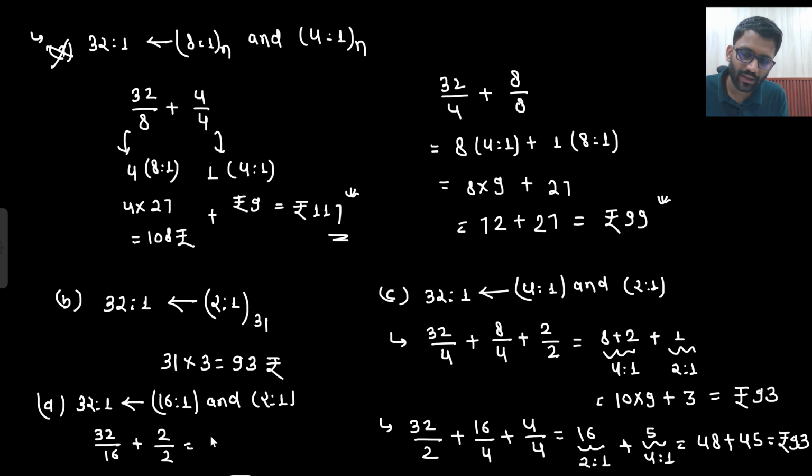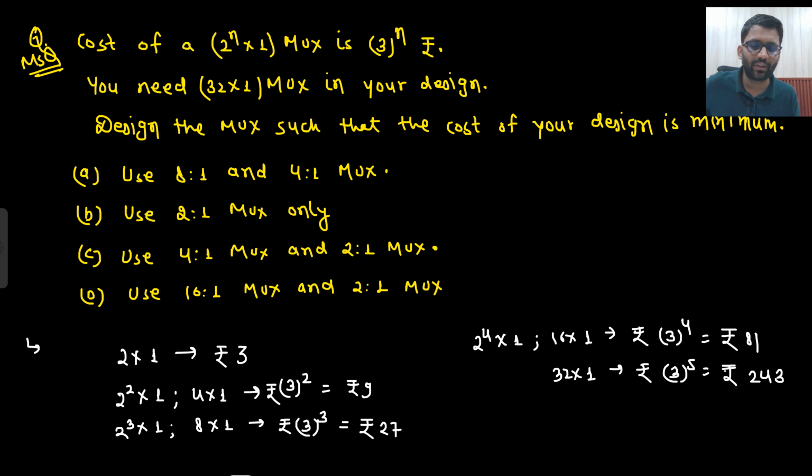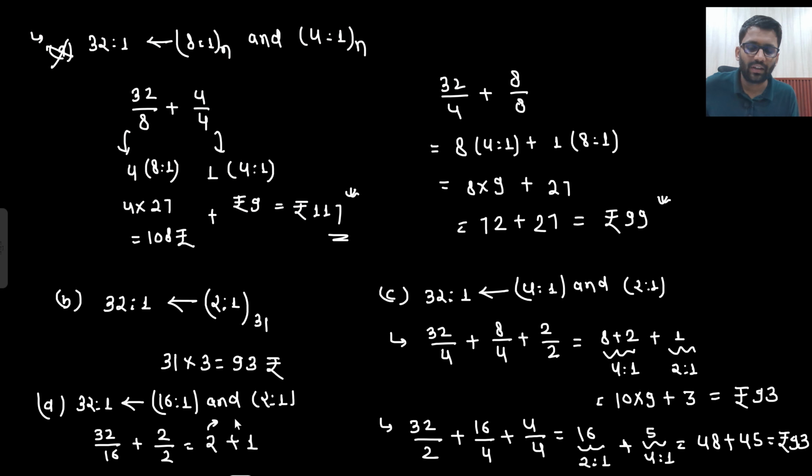So how much do you require? 2 16:1 plus 1 2:1. So how much will 2 16:1 cost you? Very high. 81 into 2, that would be 162, and this will cost you 3 rupees. So total 165 rupees it will cost. So this is also not feasible.